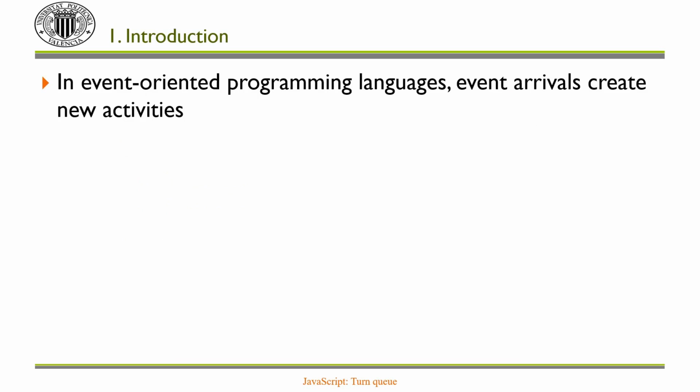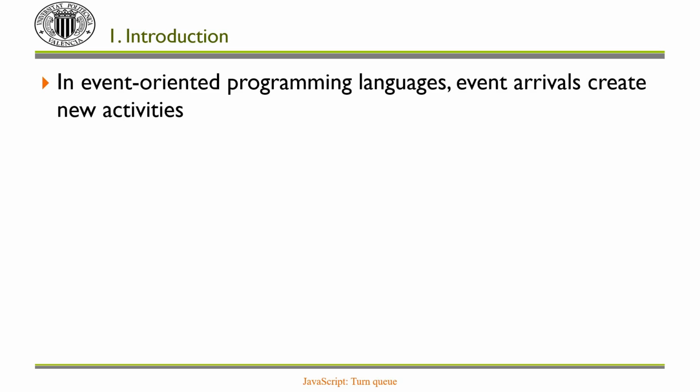In event-oriented programming languages, like JavaScript, event arrivals generate new activities. But we have a problem here. Why? Simply that we have a single thread of execution in our process. So, if we are creating a new activity each time an event happens, then we have at least two ready activities: the currently running one and the newly generated one.